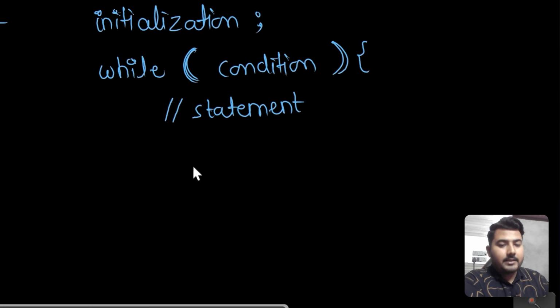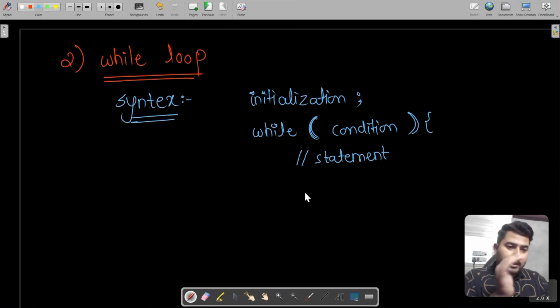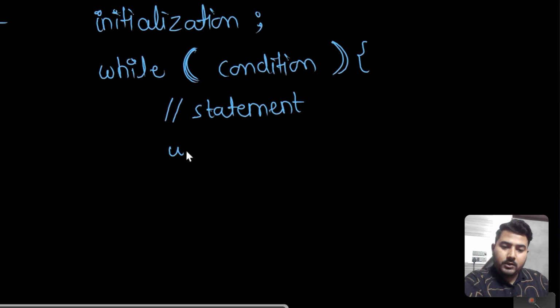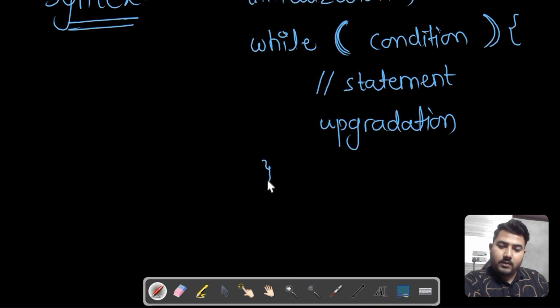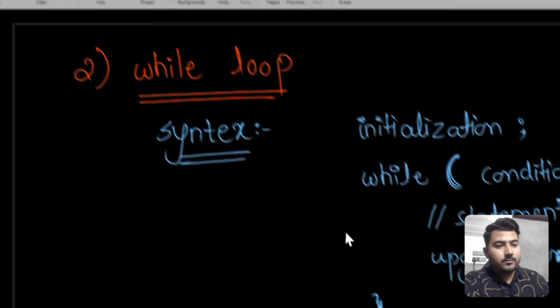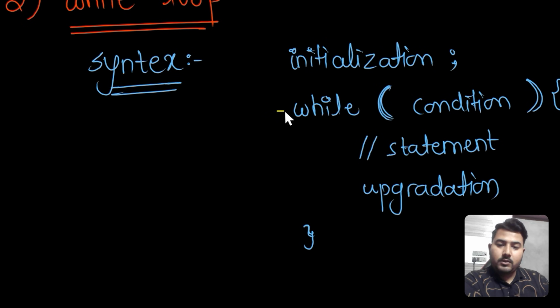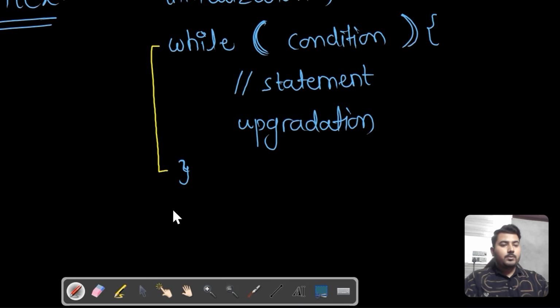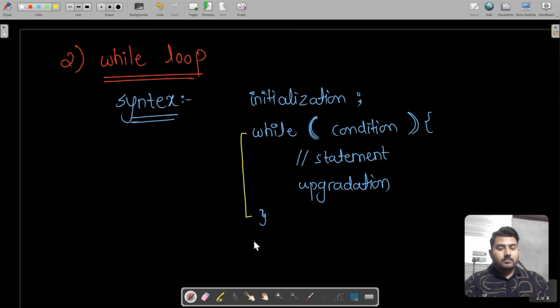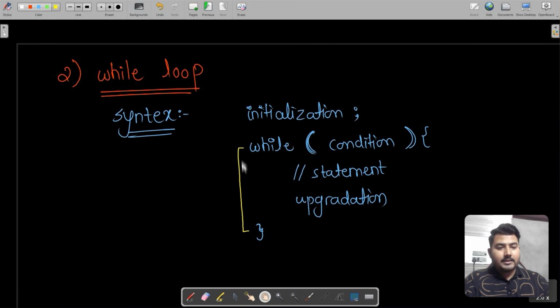And at the very end of the loop, we are going to put the updation. And then we can simply close our while loop. From here to here, our while loop will be present. These are the exact same things. You can simply copy paste the exact same things from the for loop into the while loop and it will still work. It will always work.